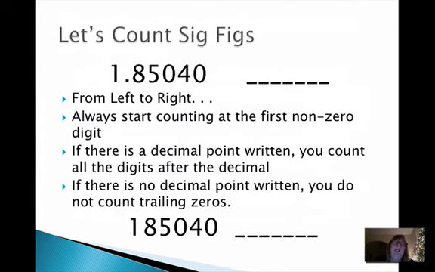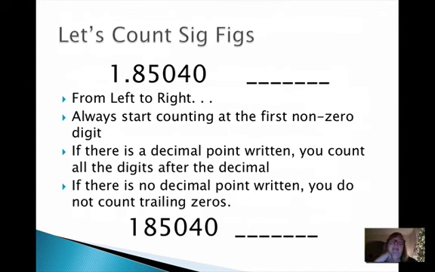We always count from left to right. You start counting at the first non-zero digit, so that would be the 1. If there's a decimal point written, you count all the digits after the decimal. If there's no decimal point written, you do not count the trailing zeros. So in this top number, 1.85040, all of those numbers are significant, even that last 0, because there's a decimal point written.